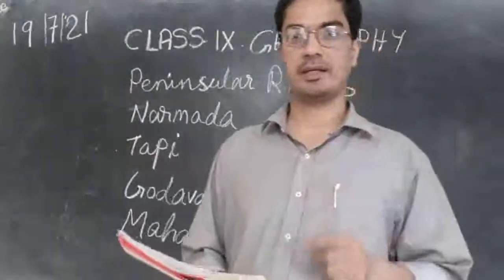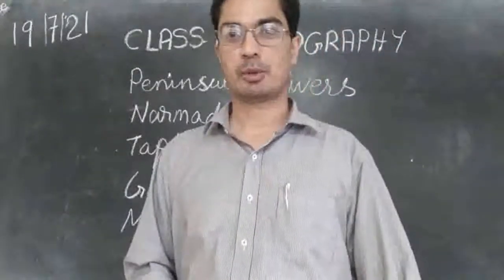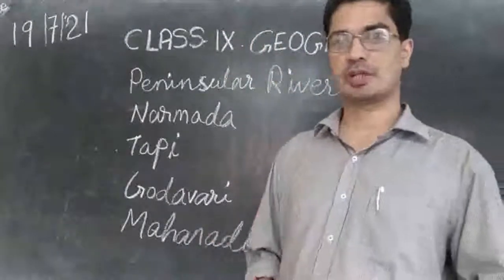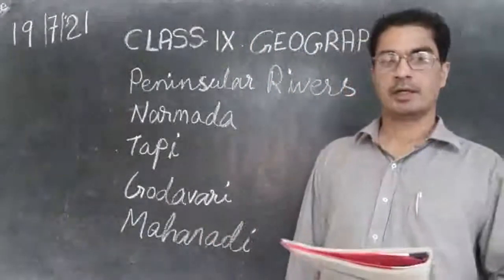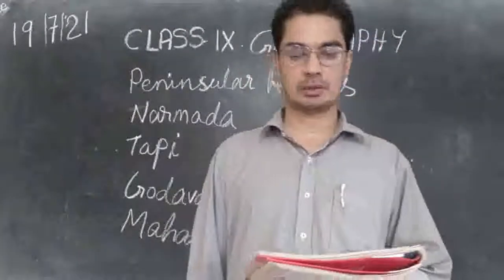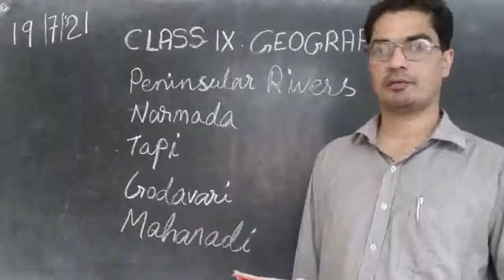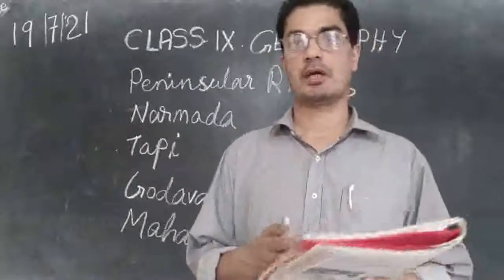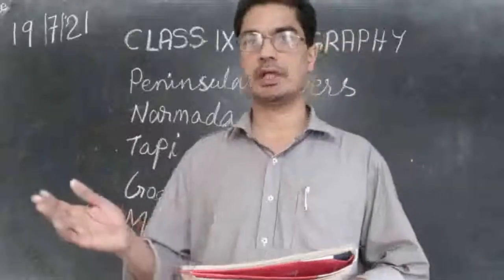So we are back again to learn more about the rivers, especially the peninsular rivers. In the last class, I hope you remember what we learned about the Narmada river basin. We said from where it is originating, how it is flowing, and through which area it is flowing.